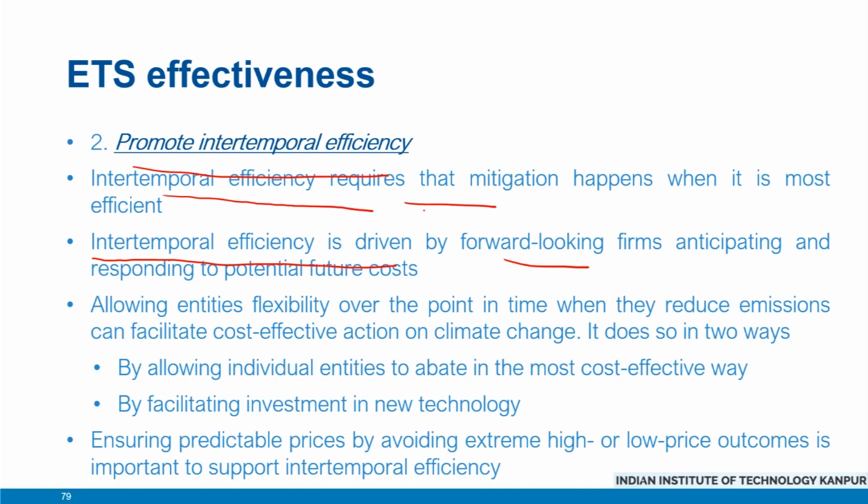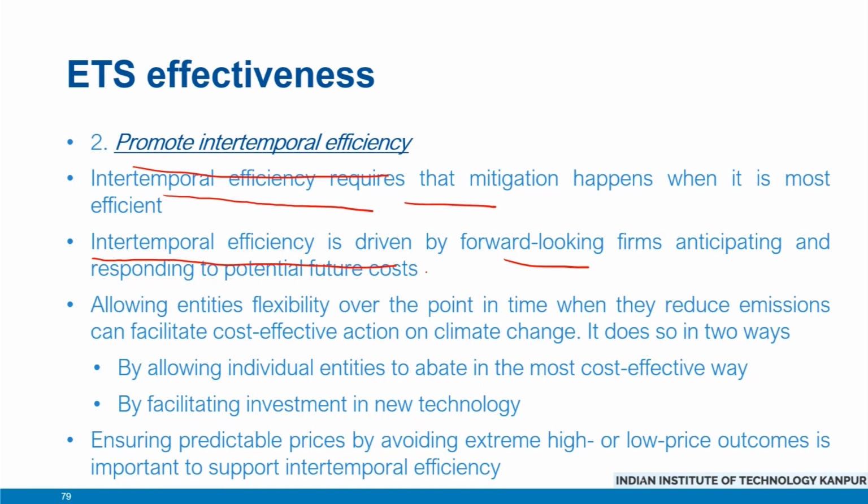So it is discounted downward to reflect evaluation of this uncertainty alongside any borrowing costs. Through this mechanism, currently prices reflect expected future prices in carbon markets, and allowing entities flexibility over the point in time when they reduce emissions can facilitate cost effective action on climate change.